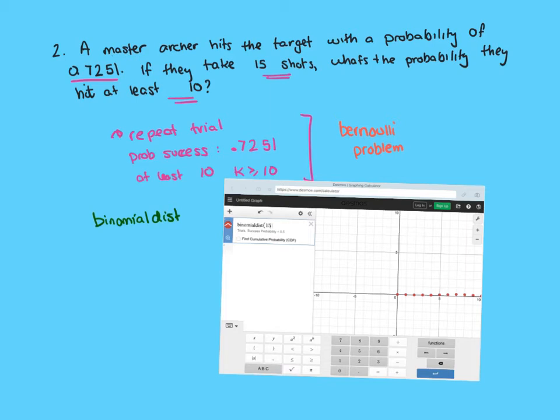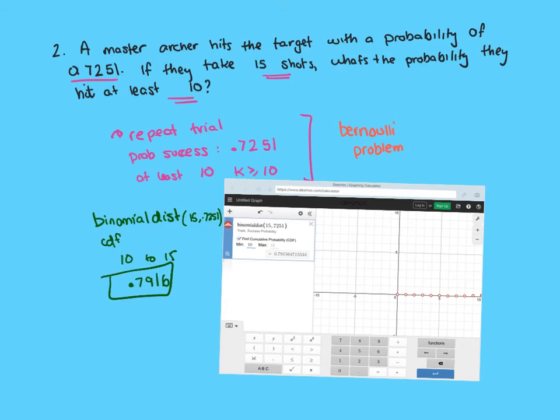The probability of success was 0.7251. And then I go to Find Cumulative PDF, and I want at least 10, so 10 or more. So if I put that in, let's write out these steps here. So we put in the 15 trials, the probability of success. Then I did my CDF from 10 to 15, and I got 0.7916.